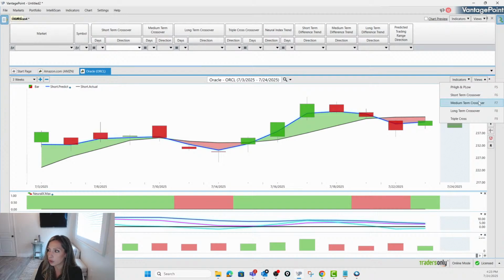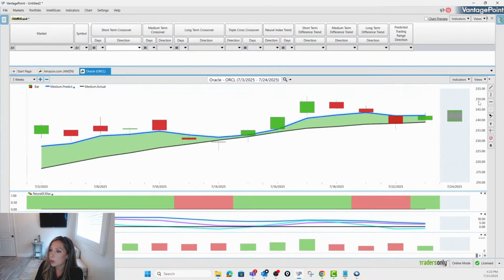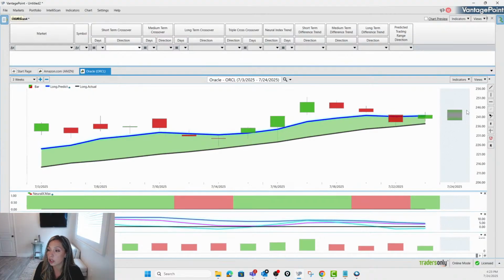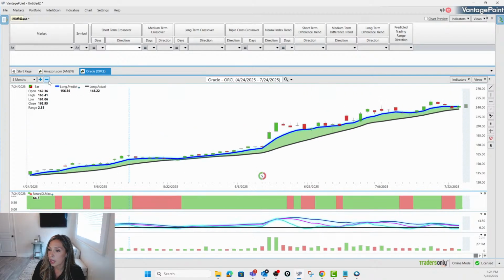All right, so let's take a look then at the medium term. I'll just walk you through all of them very quickly. So we have the medium term here, and then of course we can switch over to that long term. You can see this gives us a little bit more strength here. I'm actually going to back this out because if you can see the long-term crossover from our initial 3-month view, we see that this was just some slight consolidation happening, but overall the trend was still expected to be bullish.